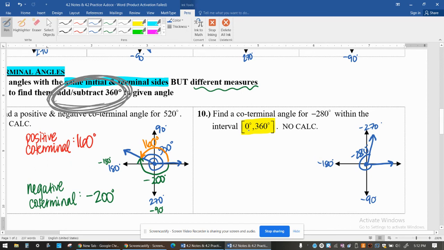So I don't want any negatives, so I'm not going to subtract 360. I'm going to take my negative 280 and add 360. Now, this is no calculator, so when you're adding positives and negatives, you're actually going to subtract them. So 360 minus 280 is 80 degrees. And if you look, let's say I call that my positive coterminal, because look, that lands within my interval of 0 to 360, right?